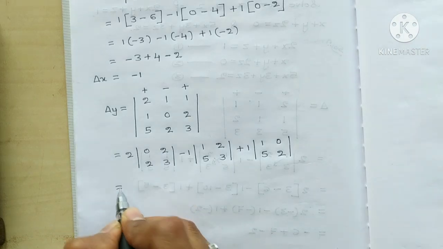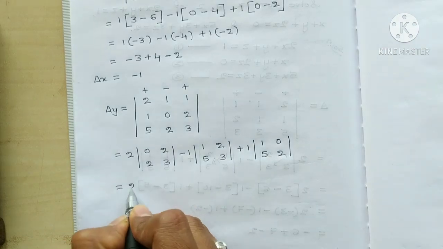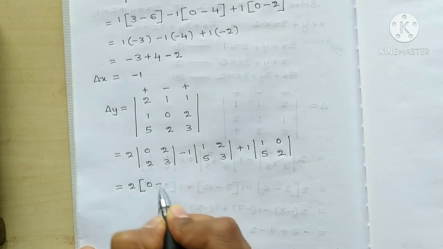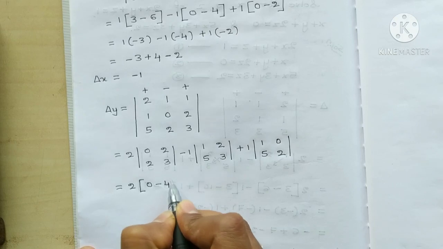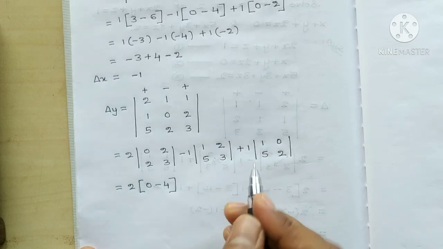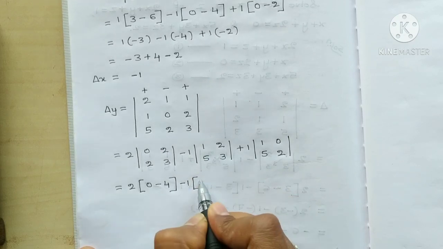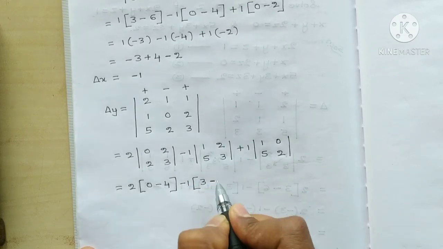So now again apply second order determinant rule. 2 into bracket 0 into 3 is 0 minus 2 into 2, 4. Minus 1 into bracket 1 into 3 is 3 minus 5 into 2 is 10.